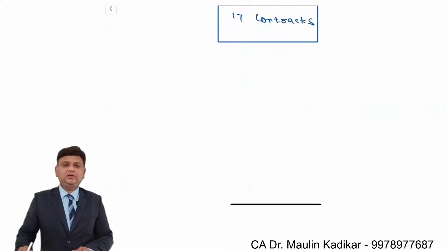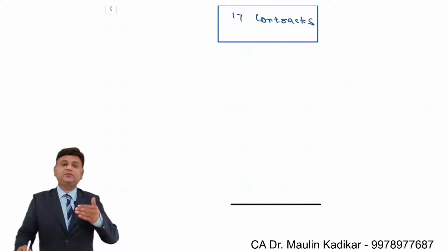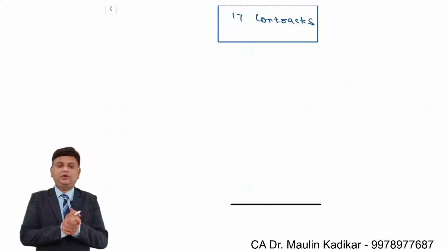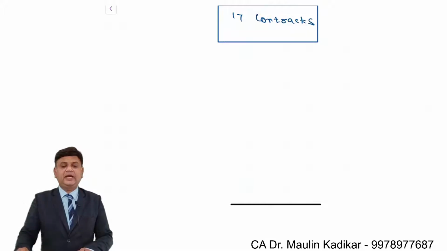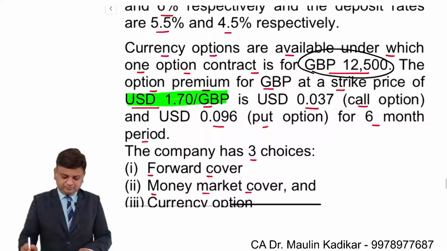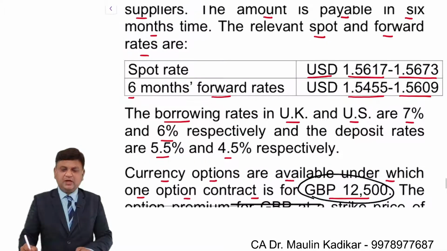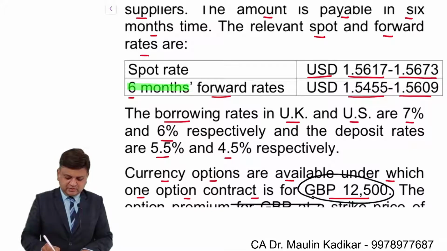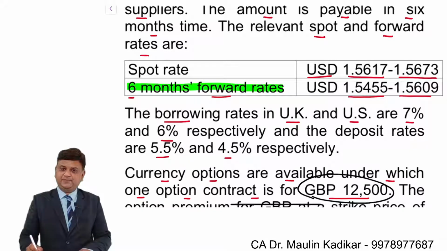Now friends, if we enter into 17 contracts, then of course there will be some shortfall. So we are required to compute what will be the shortfall in the payment. And we can see that the forward exchange rate is given to us. So for the uncovered amount, we can easily enter into the forward contract for the purpose of hedging.